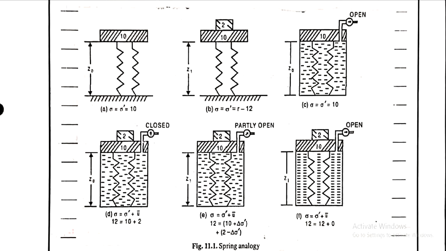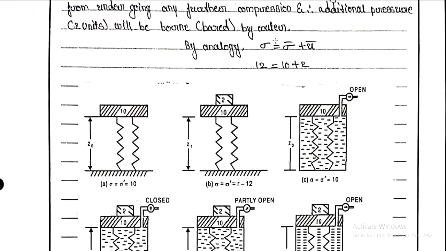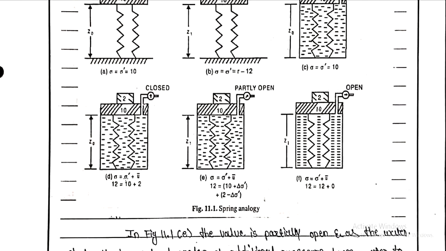Initially, the total stress is equal to the total load, which is the load taken by springs plus the load taken by water. Slowly, when we open the exit valve, the load taken by water is transferred to the springs.